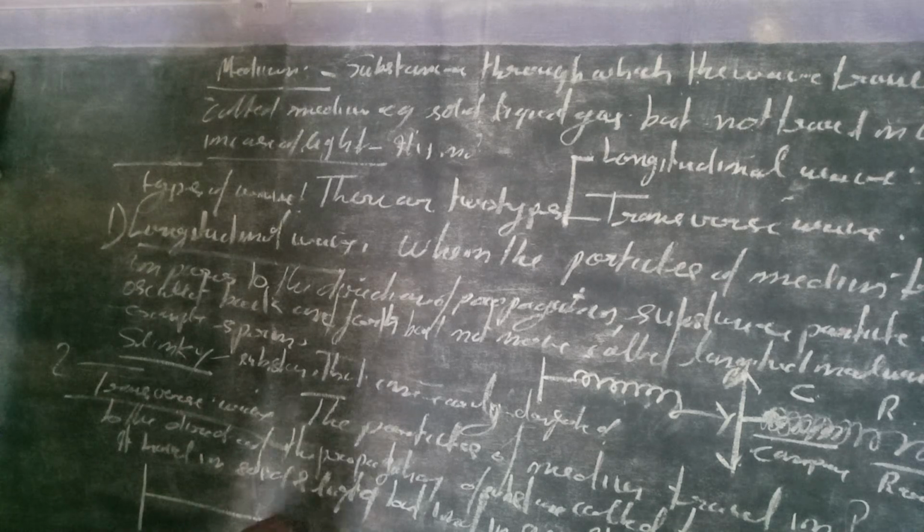Suppose we give the example of transverse waves. Here is the transverse wave, and this is the line of propagation, with the x and y directions given here.